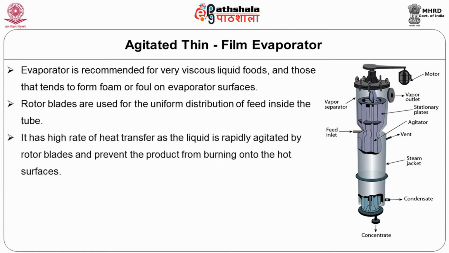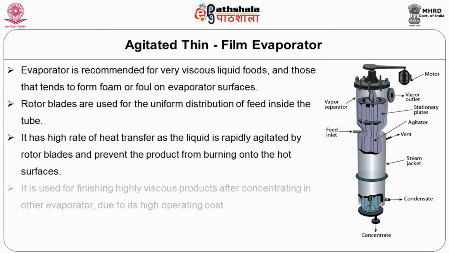This system has a high rate of heat transfer as the liquid is rapidly agitated by rotor blades, which prevent the product from burning onto the hot surfaces. It is used for finishing highly viscous product after concentrating in other evaporators due to its high operating cost.